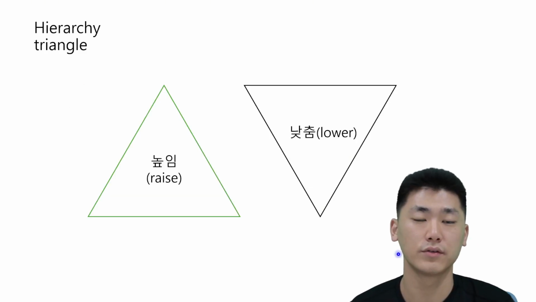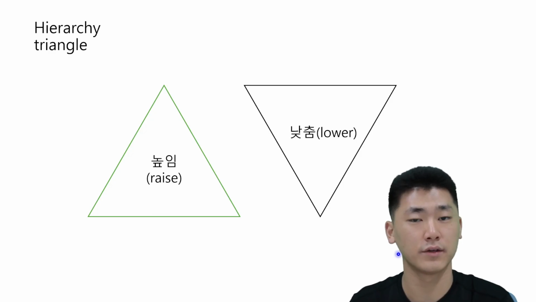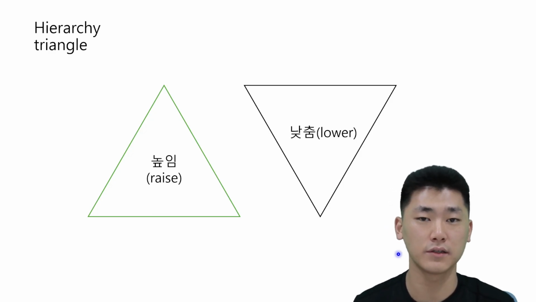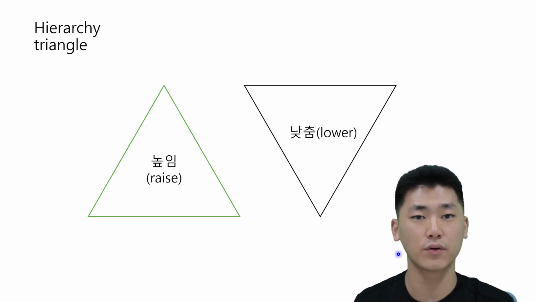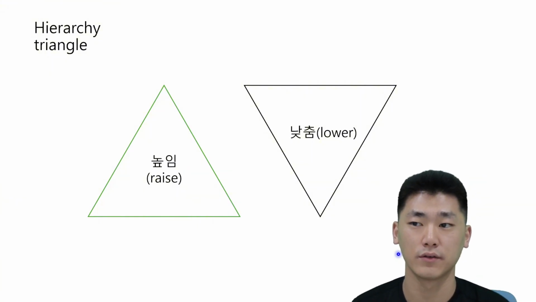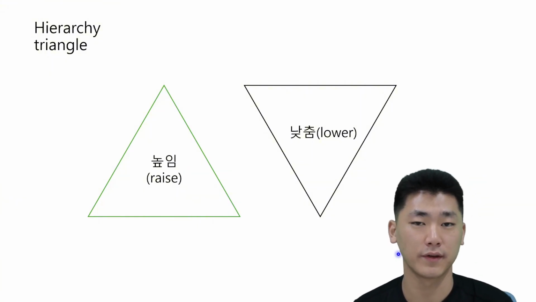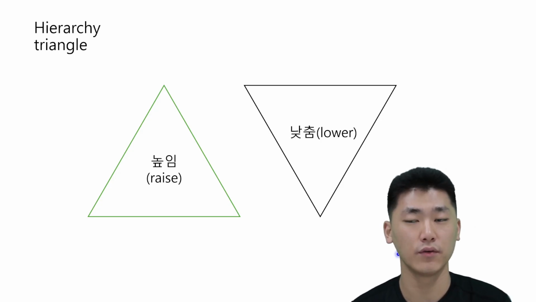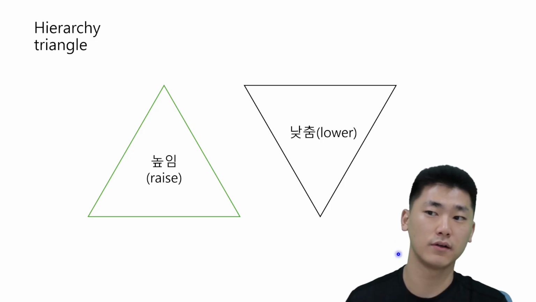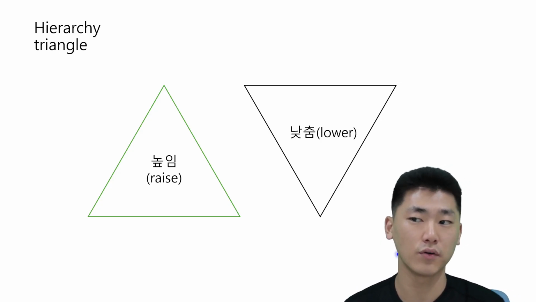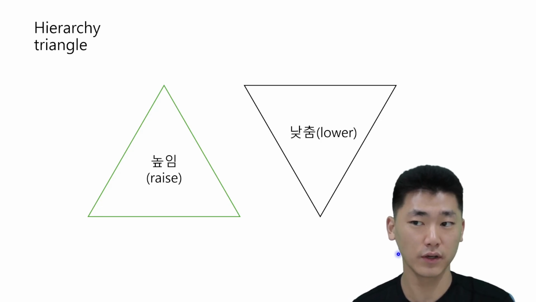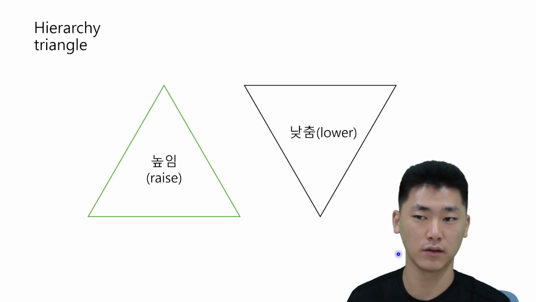And here I want to tell you that there is quite a difference between English formal and informal and the Korean honorific system. So we call the honorific form 높임, which literally means raising, and we call the opposite 낮춤, which literally means lowering.